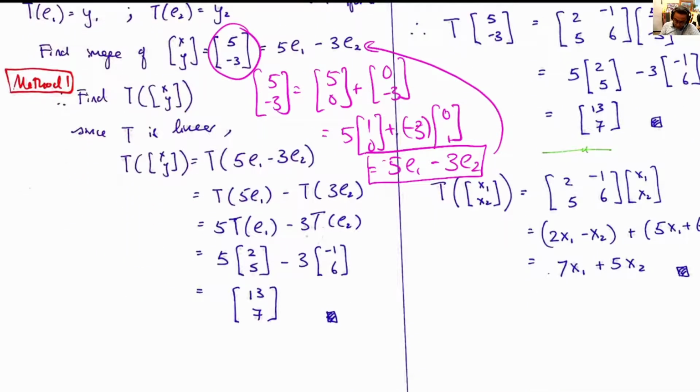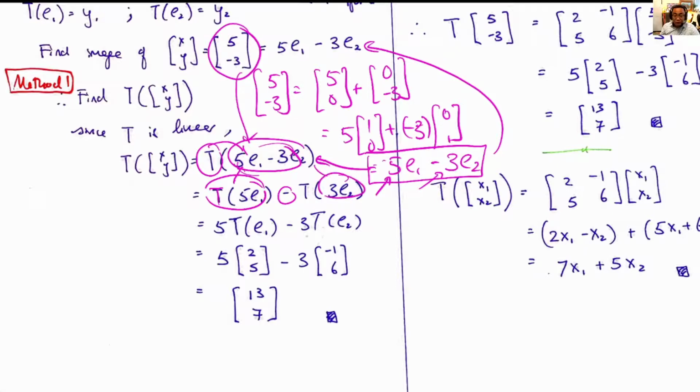Now, linear transformation says that we take the input and we can decompose it into the standard basis times some scalar. Because it is linear, it allows us to bring the T operating onto 5 E1. We can break the input into two parts and do it separately, the first one for E1, the second one for E2.